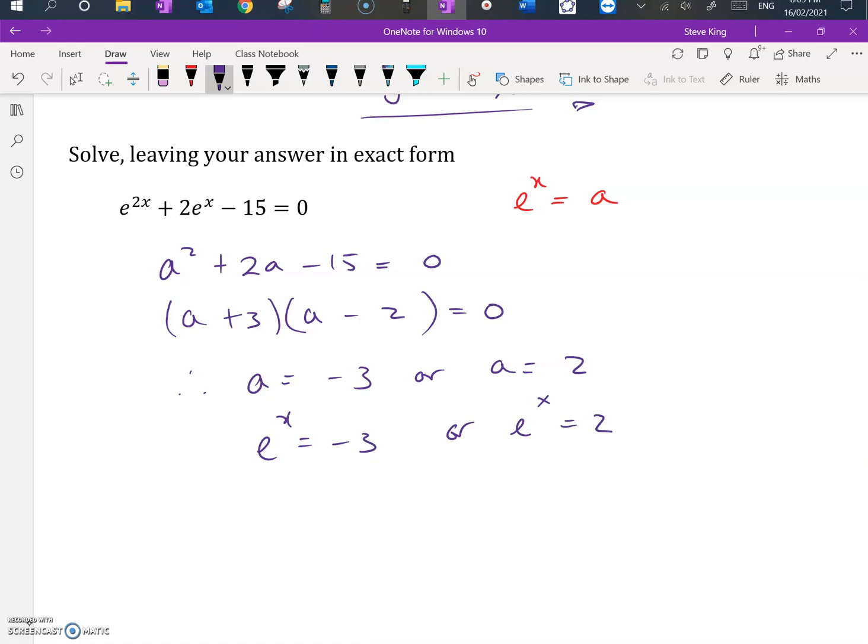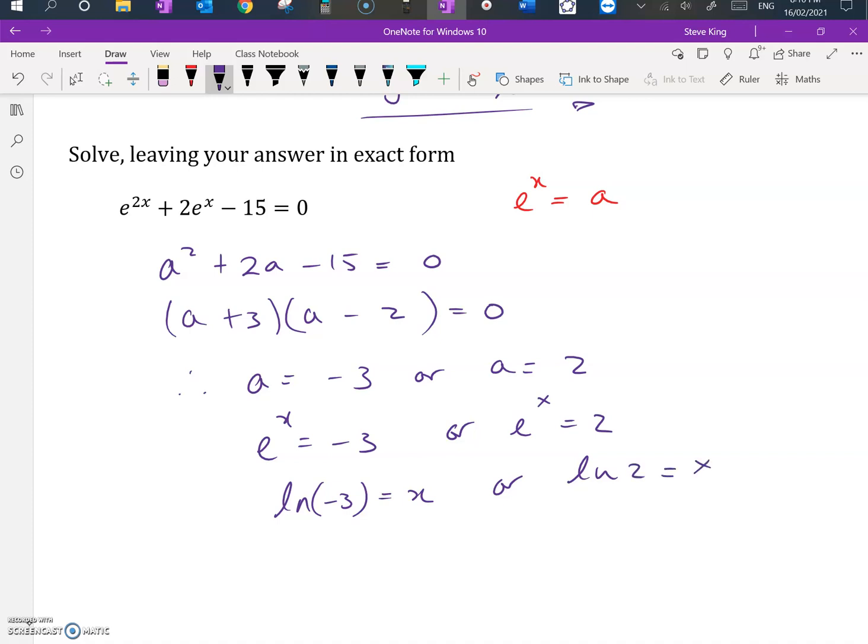And if we look at it in terms of a log to solve for x, we can say that log to the base e of minus 3 is going to equal x, or the log of 2 is going to equal x.